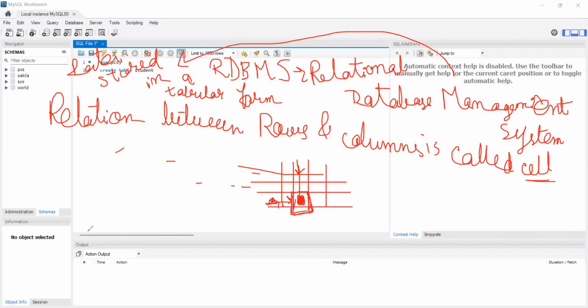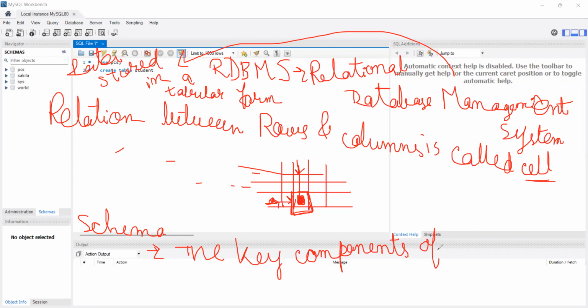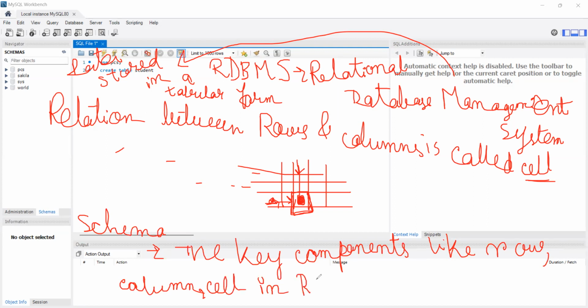So schema: the key components like row, column, comma, cell in RDBMS, not DBMS.